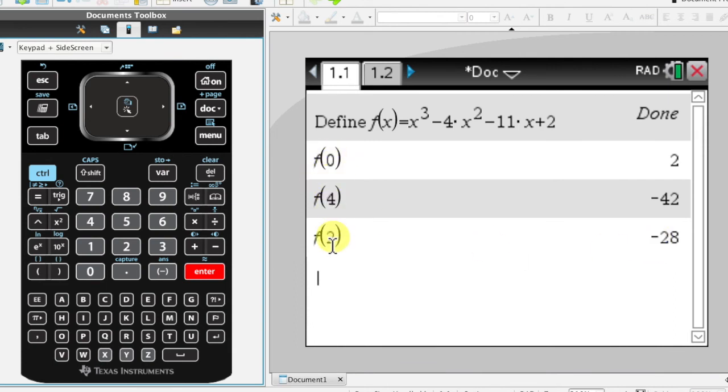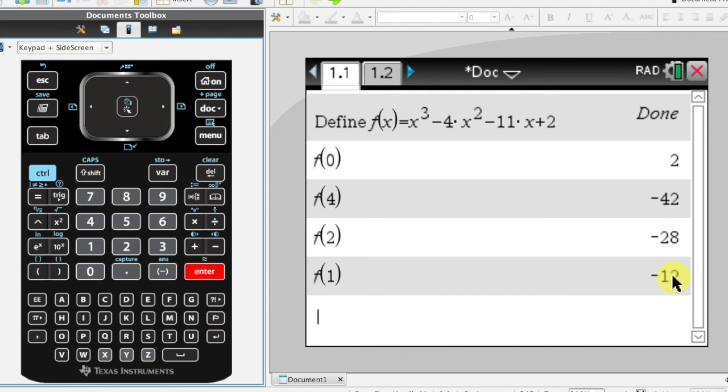So I'm going to explore halfway of that. So obviously f of 1. F of 1 gives me negative 12. So because that's negative and f of 0 is positive, then the solution lies between 0 and 1. And I can keep on going with this.